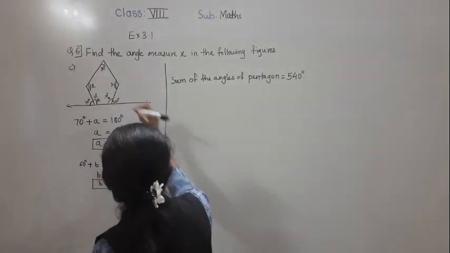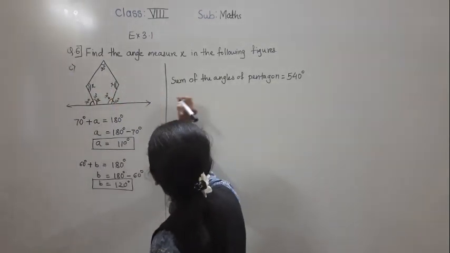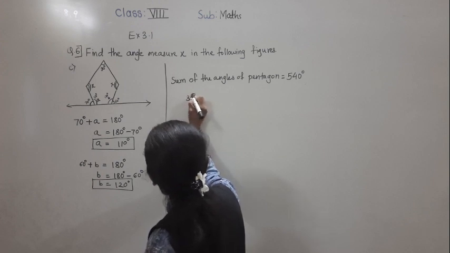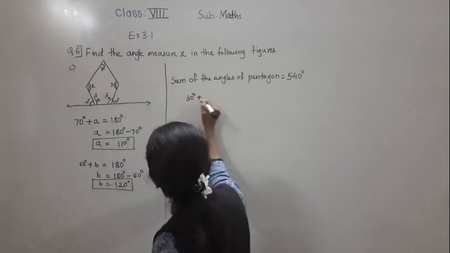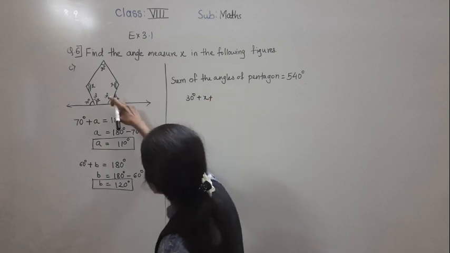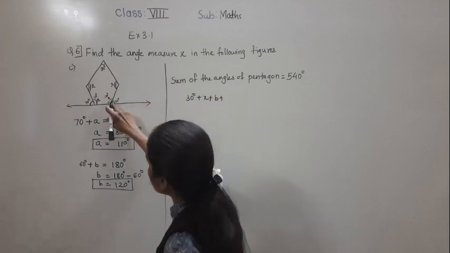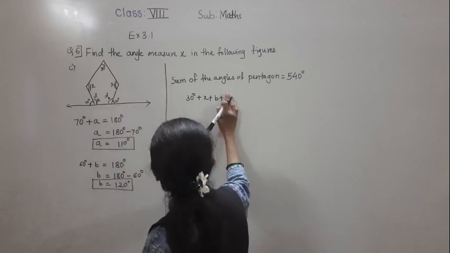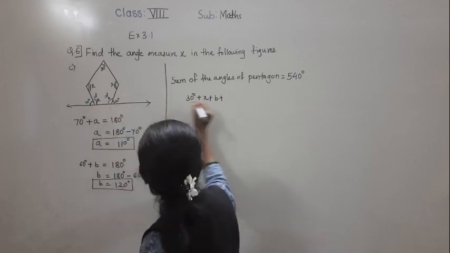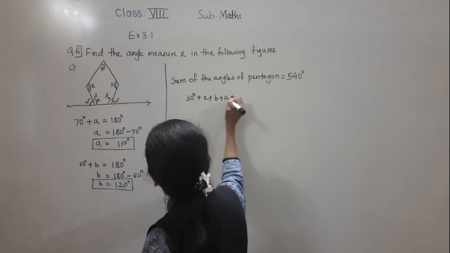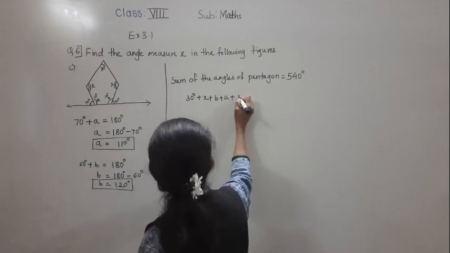Okay. So now we will start adding all the angles: 30 degree plus this x plus this b plus this. We have now taken this name b. So b plus a plus 30 degree.